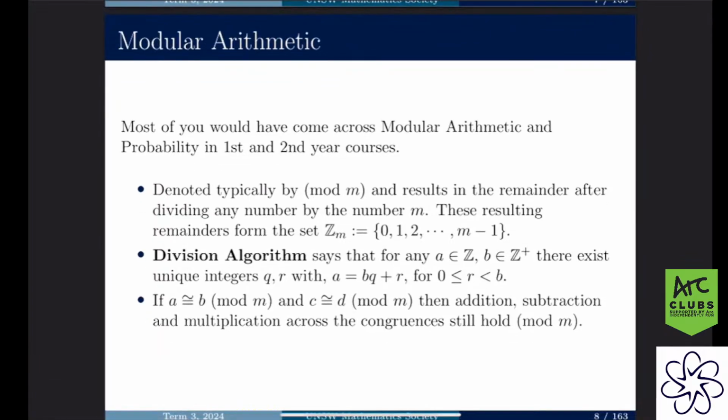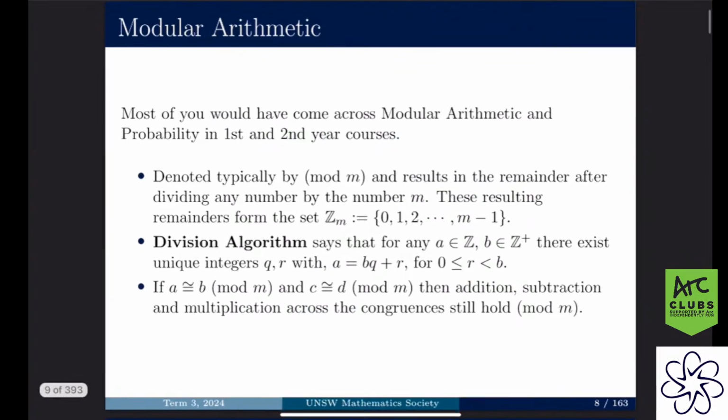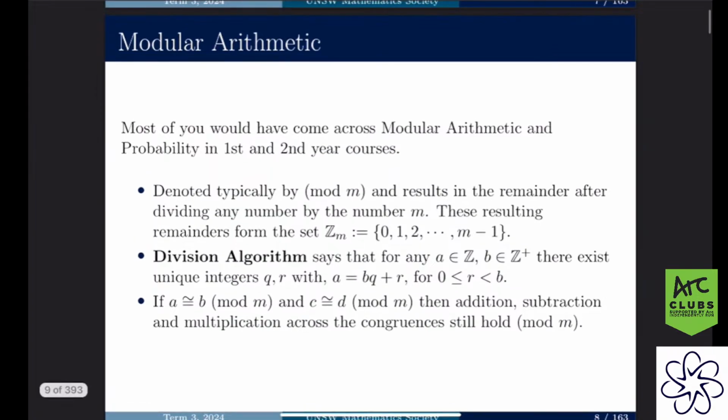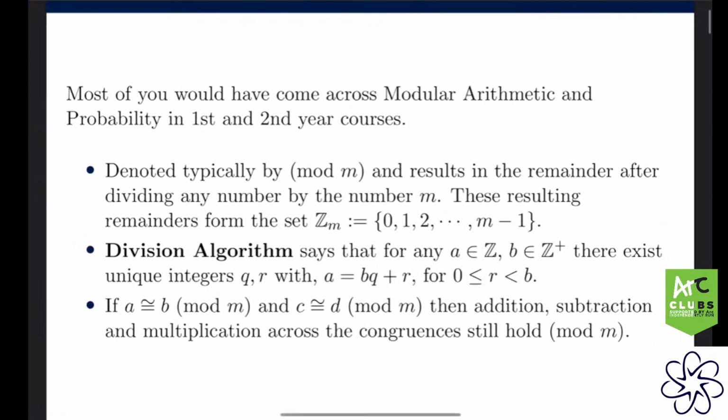Going over some of the prerequisites, we have modular arithmetic. If you have done 1081, you'd be very familiar with this. Most of the operations we're going to be doing in this course will be modular arithmetic, typically defined by mod m. Any operations that we do in this, such as addition, subtraction, multiplication, will result in the remainder after dividing by the number m.